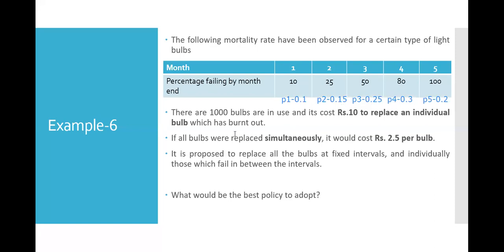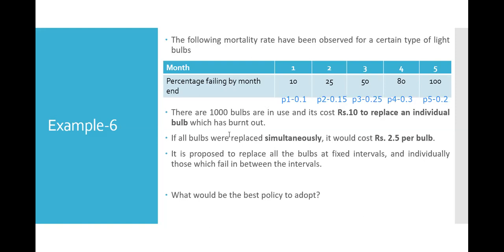Now in the data we are also given that there are 1000 bulbs in use, and if we replace individual bulbs, which is 1 or 5 or 10 bulbs at a time, then it costs us 10 rupees each. Secondly, if we replace the bulbs in a group, simultaneously, so every bulb is replaced at the same time, then it costs us 2.5 rupees per bulb.